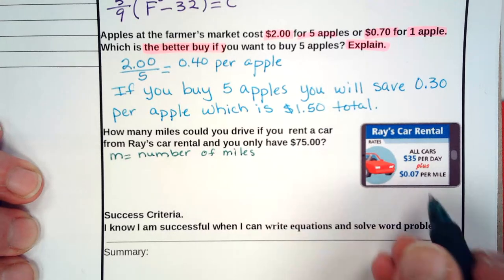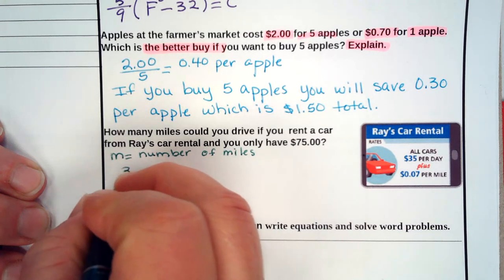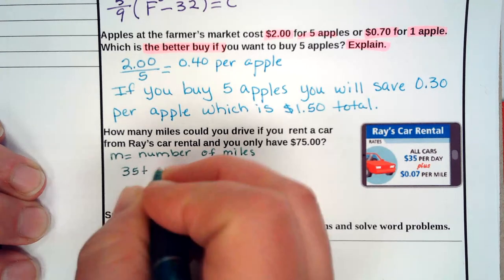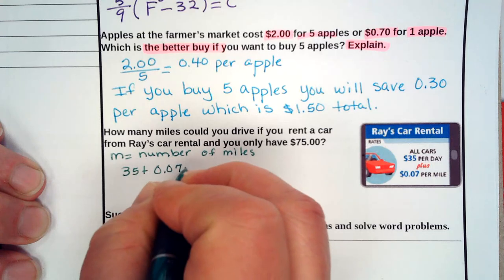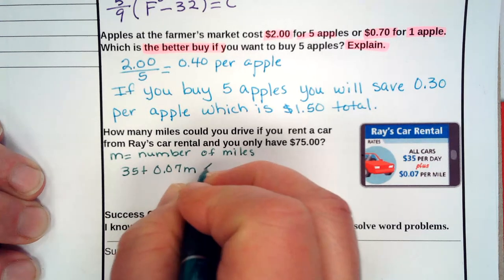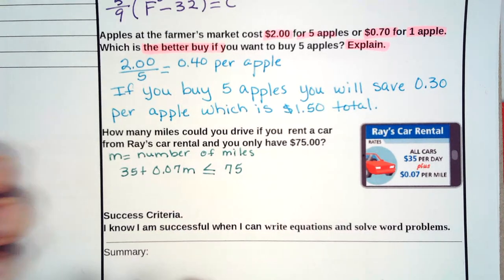Okay, so what is the cost? You start off with $35 plus 0.07 per mile, and that number has got to be less than or equal to the $75 you have.